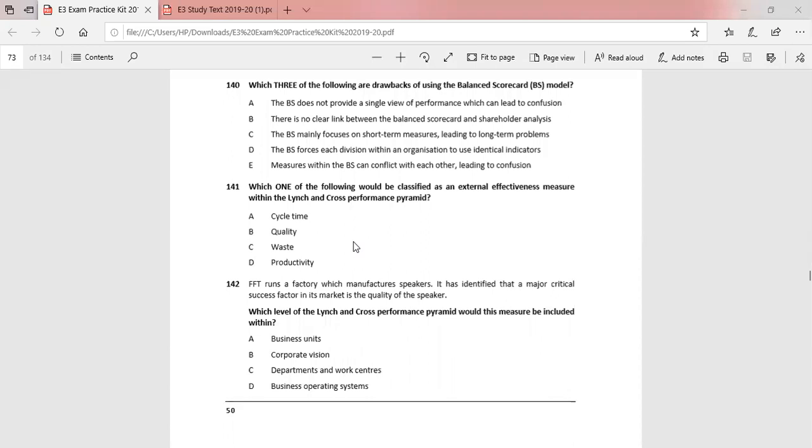External effectiveness measure within the Lynch and Cross performance pyramid. Cycle time is internal, waste is internal, productivity is internal. External effectiveness measure is quality.